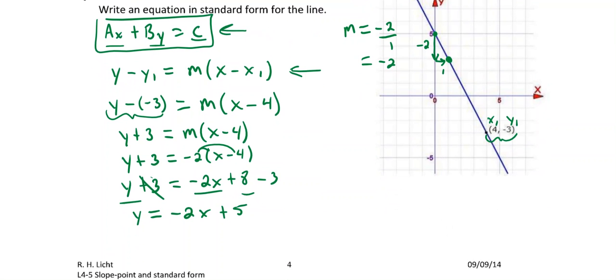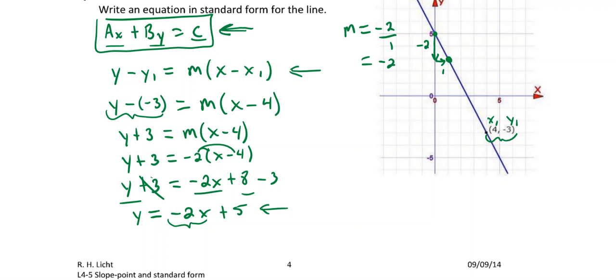And actually, before we go any farther, what kind of form is that in right now? Yeah, that's mx plus b, right? That's our slope intercept form. So if it asked for that, then that would have been the answer, right? But they asked for standard form. So one last move, what should we do? Yeah, I think this x term, right? It's negative right now.